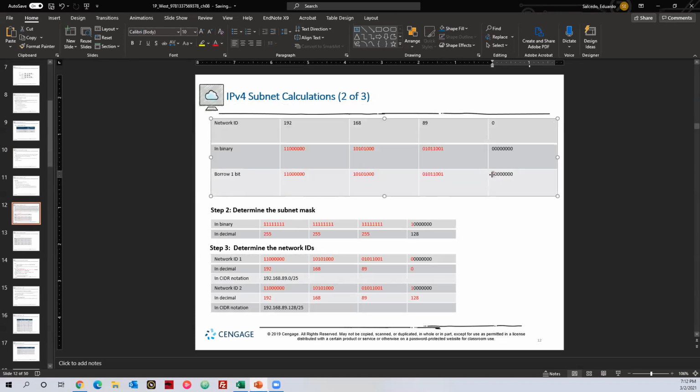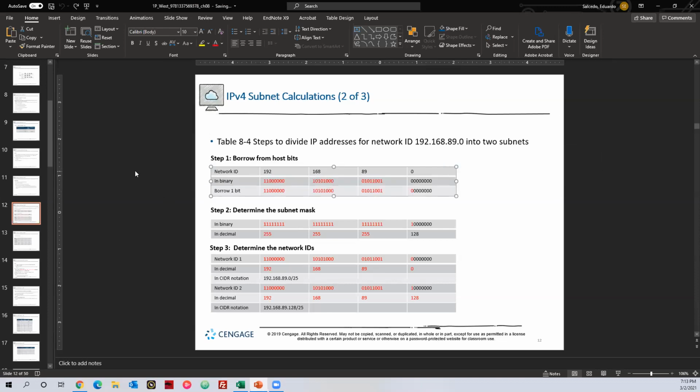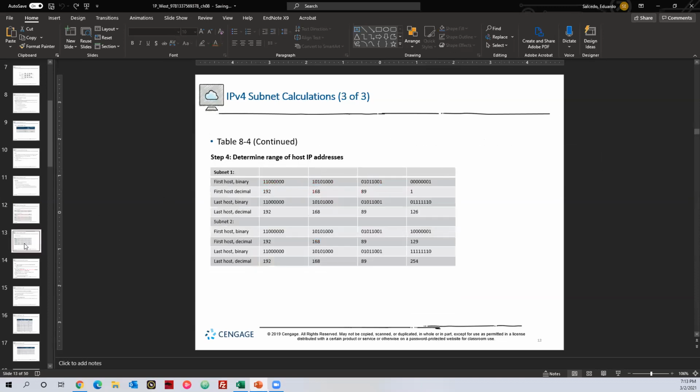One of the bits from this last octet, 192, 168, whatever, has been borrowed to give to the network section. If it was 192.168.89.0/23, then the host part will be borrowing one of these bits from here to create a different kind of subnet.